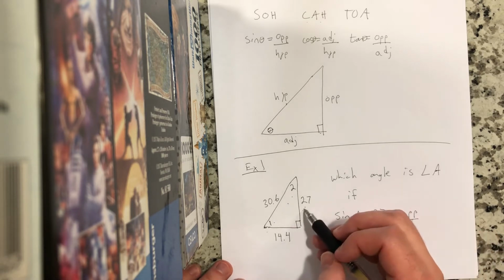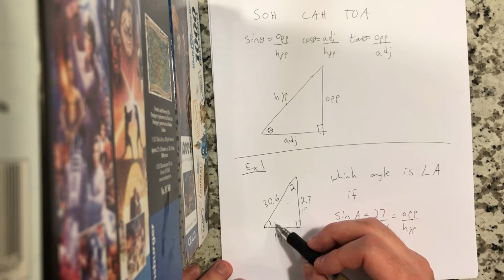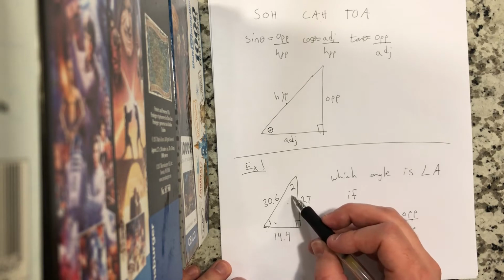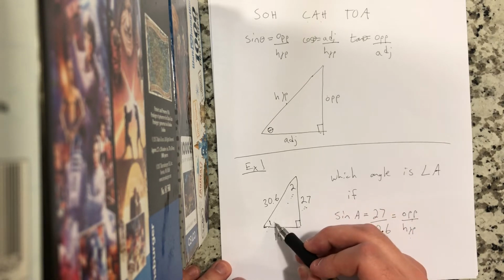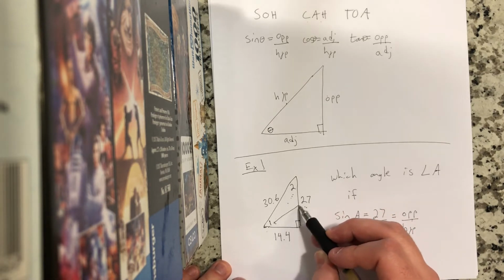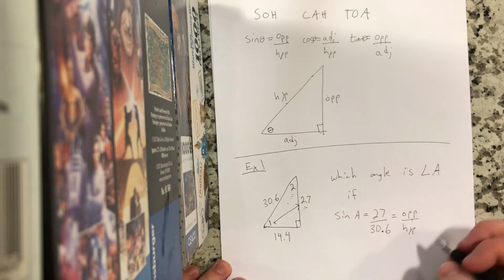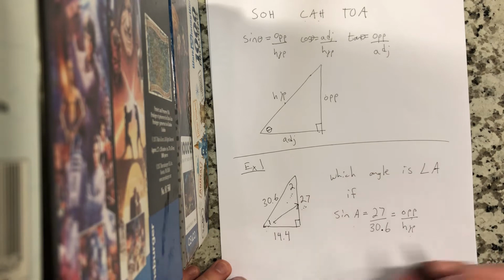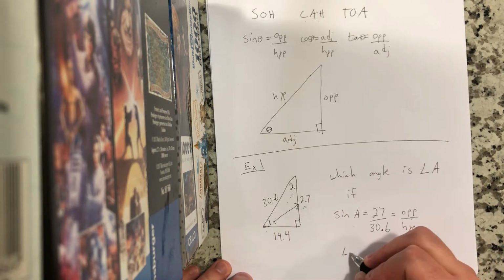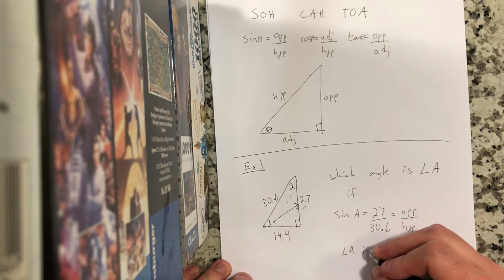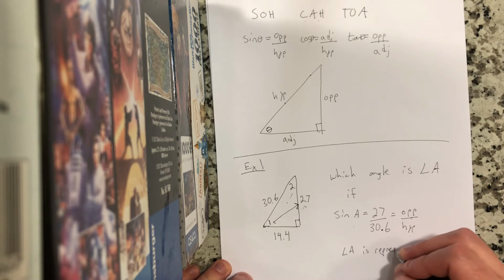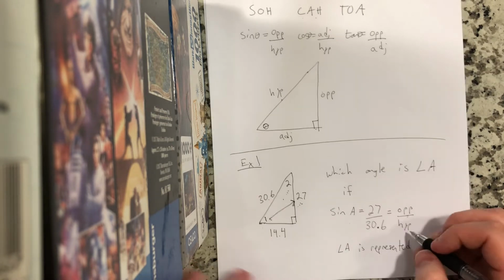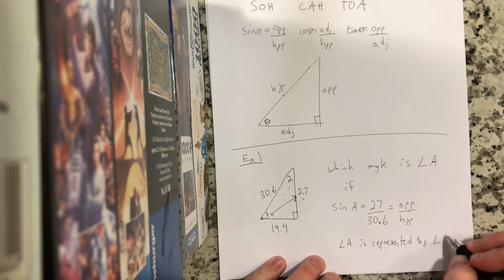Well, it's opposite of what angle? Is it opposite of angle 1 or is it opposite of angle 2? Well, it is opposite of angle 1, and we could draw an arrow across there to show that it's across from that angle 1. So that means that angle A is represented by angle 1.